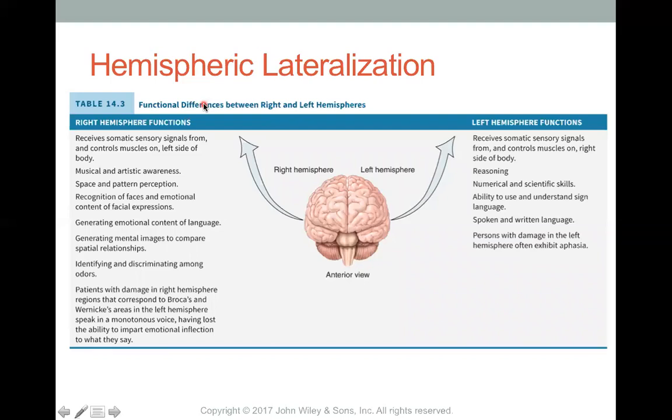So because functionally they are asymmetrical, we call it hemispheric lateralization. And then we'll put into each hemisphere what we typically see or what that hemisphere will be for. Our left hemisphere is more important for our right-handed control, so it controls the opposite side. And it's going to be spoken and written language and then numerical and scientific skills.